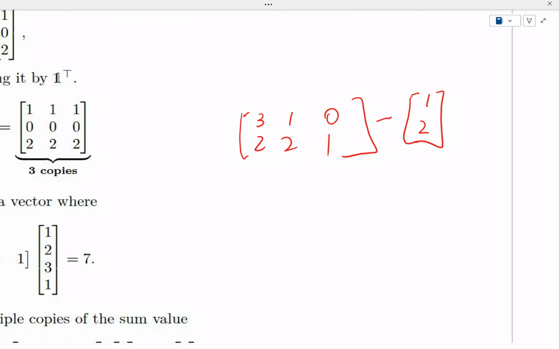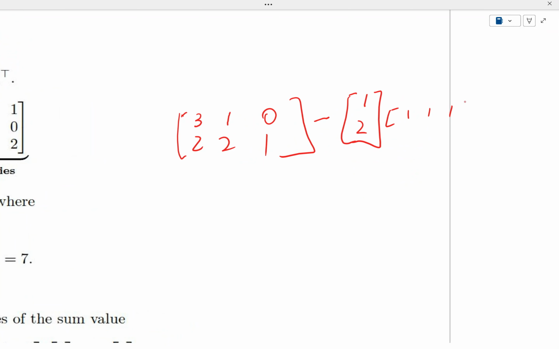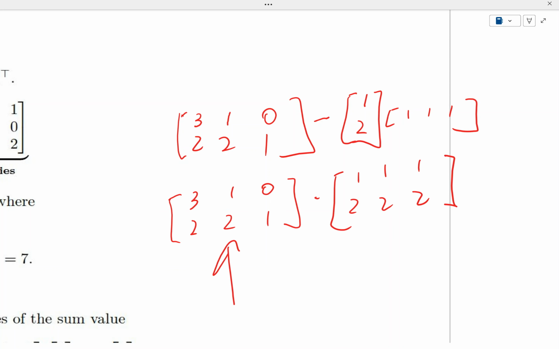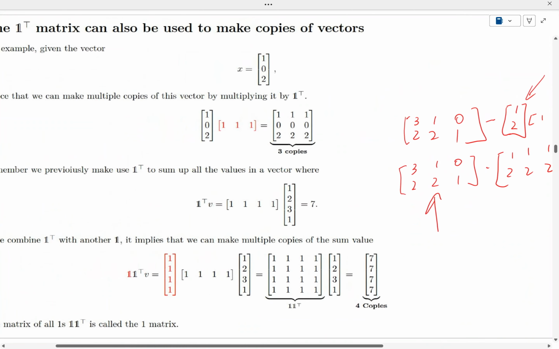The dimensions don't match, and you want basically every column to do the same thing. Therefore, making copies is really useful. Let's say we make 3 copies. Now it's 3, 2, 1, 2, 0, 1, minus 1, 2, 1, 2, 1, 2. Notice that every single column is now subtracting the same vector. Nice, and this is very useful when you need to do this kind of operation later.